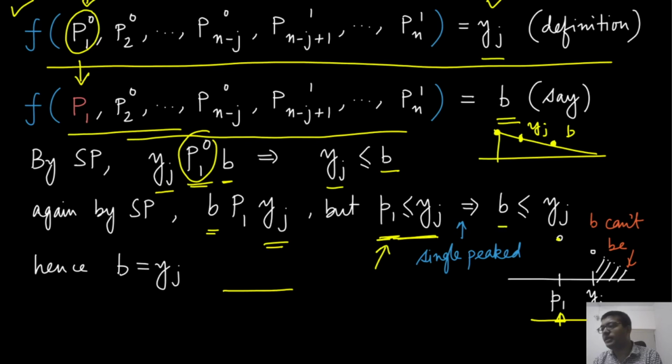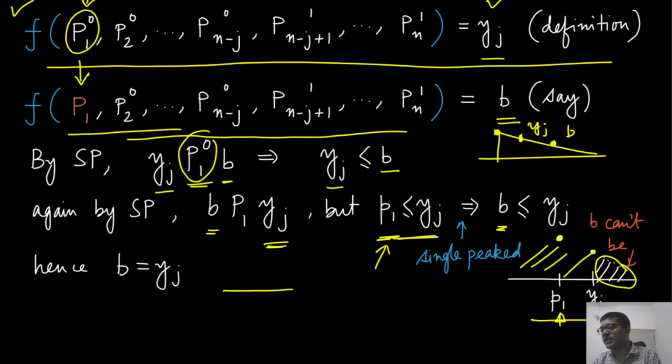Now where can b live then? We know that b is more preferred than yj, so b cannot live on this side, because if that was the case, and given that the peak is on the other side of yj, then b must be less preferred than yj. Because b is more preferred than yj, the only possibility is b on this left hand side of yj.